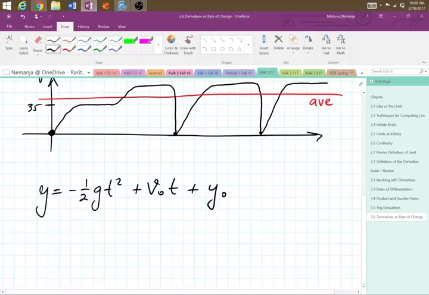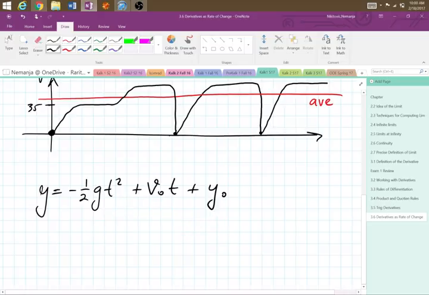And then gravity pulls it down. So it went down and it changed the direction of velocity. So all three terms are important, right? This is due to the gravity of the Earth. This is how hard you throw. This is from which height you throw. And all three work together.